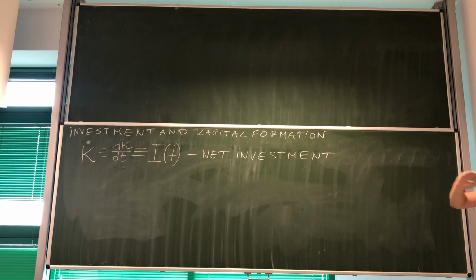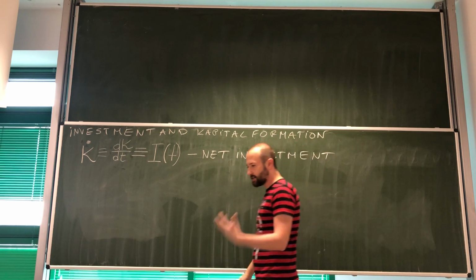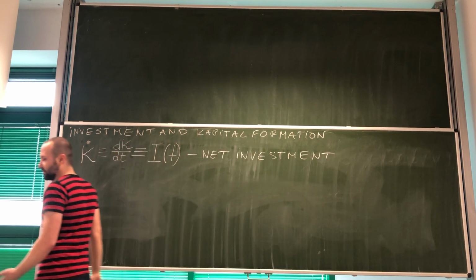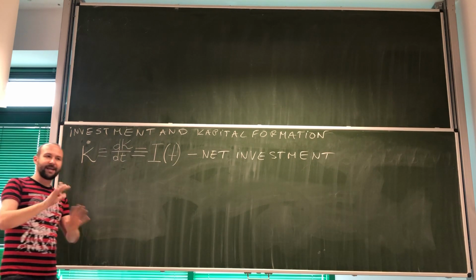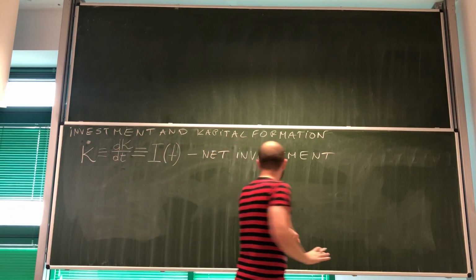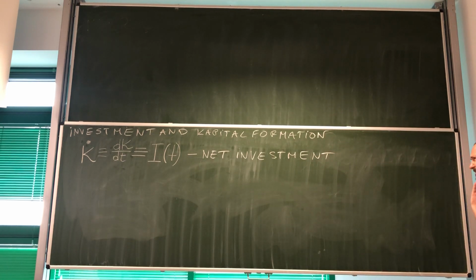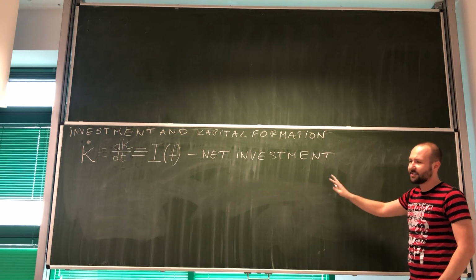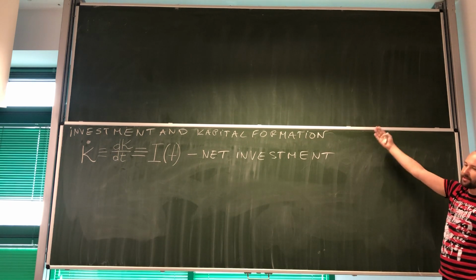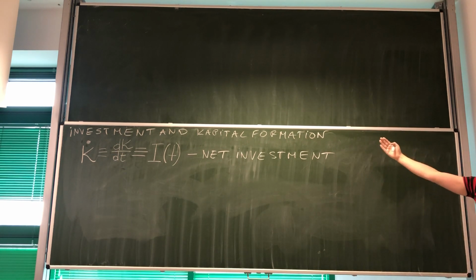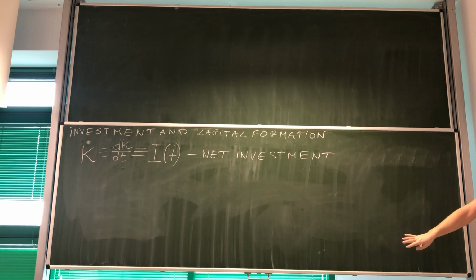Okay, so by net investment, we mean by how much the level of capital has actually changed in the economy. What is the difference between net and gross investment? We'll go back to this in a couple of minutes, but for now, let's just remember that net investment is showing us what is actually happening in the economy. So, by how much has capital in our economy grown, or by how much has it fallen?